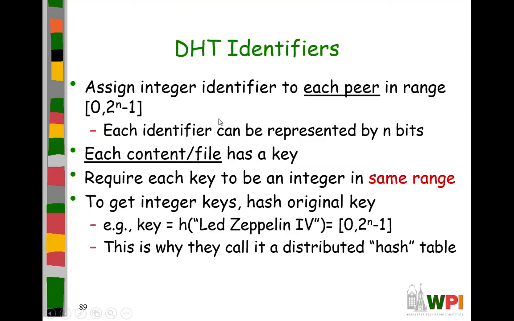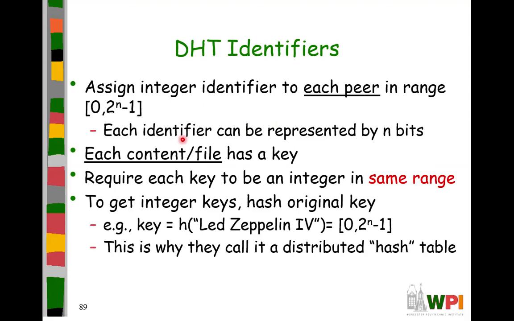Now let's discuss another important concept, which is called DHT. It is a very important concept, and it should be understood. In the DHT, each peer has an identifier, for example, in the range 0 to 2 to the power n minus 1. So each identifier can be represented by n bits.